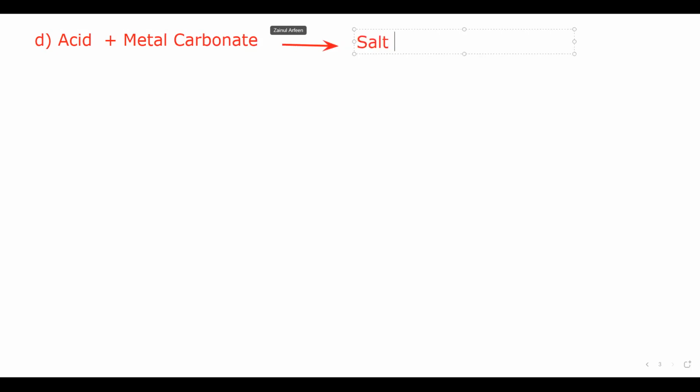So it will produce salt, it will produce water, and carbon dioxide. So salt, water, and carbon dioxide are the three products formed when acid is reacting with metal carbonate. So acid plus metal carbonate, salt, water, and carbon dioxide.